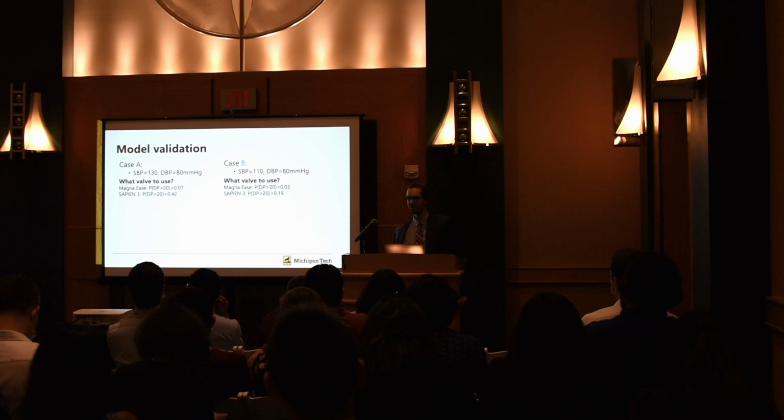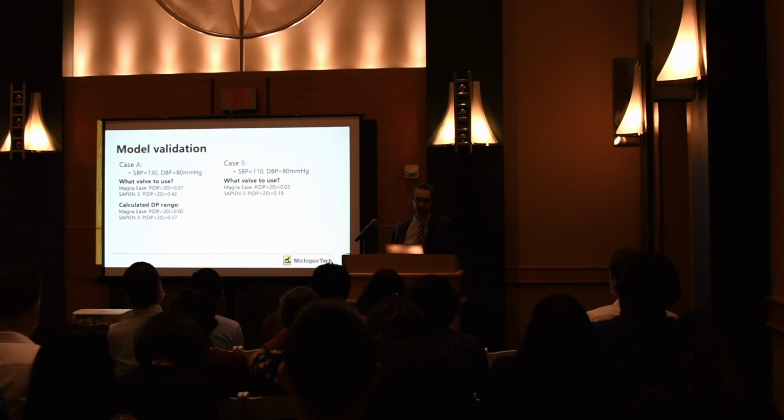And then we individually counted, for a total of 57 cardiac cycles, the number of times that DP was above 20 millimeters of mercury, or below 20 millimeters of mercury. This allowed us to manually calculate the probability of failure, compared to the probability of failure using the logistic regression model.